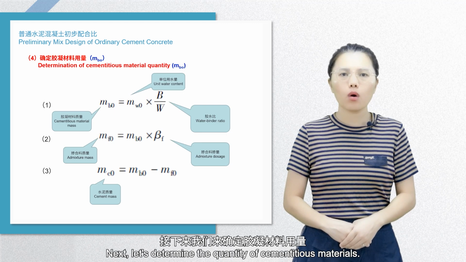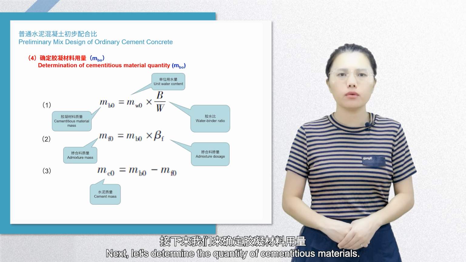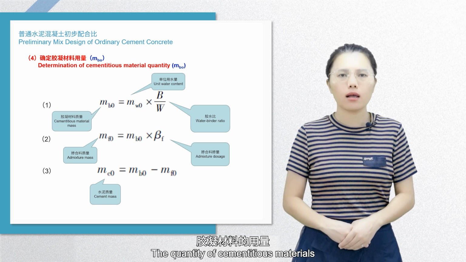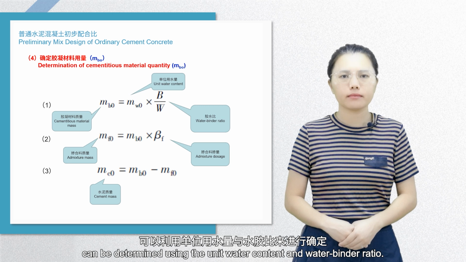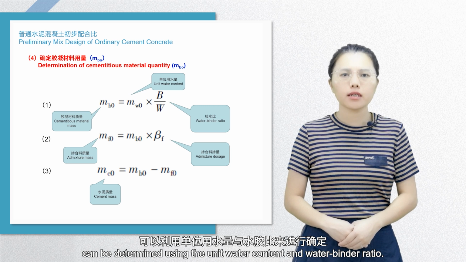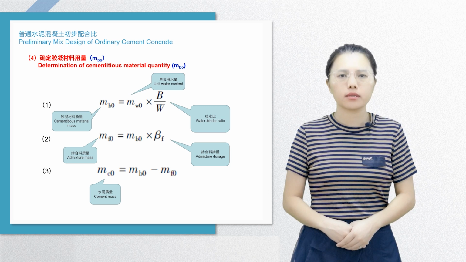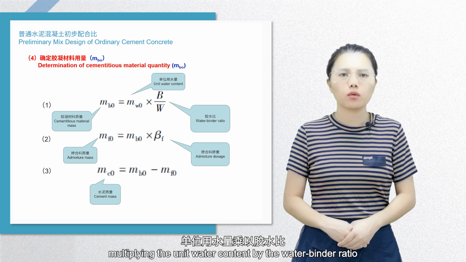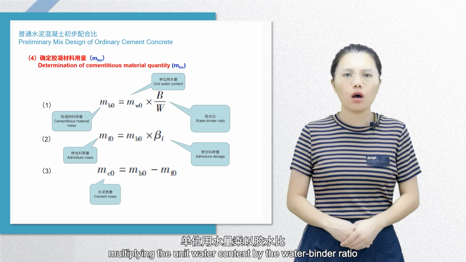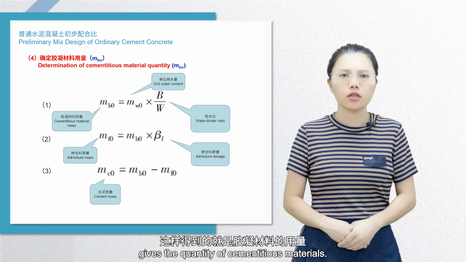Next, let's determine the quantity of cementitious materials. The quantity of cementitious materials can be determined using the unit water content and water binder ratio. As mentioned in Formula 1, multiplying the unit water content by the water binder ratio gives the quantity of cementitious materials.